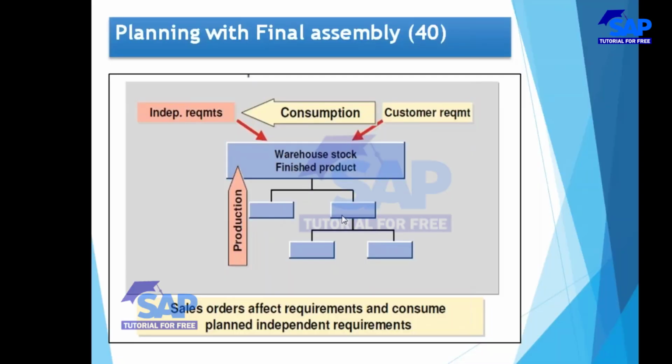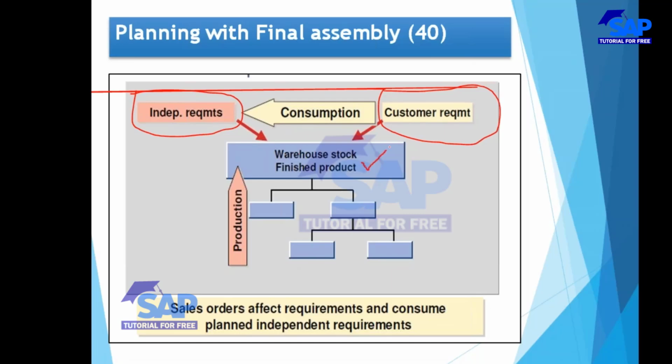This picture will give you the overall overview of planning strategy 40. You have your forecast, and you have your sales orders, the customer requirements, which come from the SD module. Both are considered. Considering both, you will do the production and bring in the stocks. Sales orders affect requirements and consume planned independent requirements.